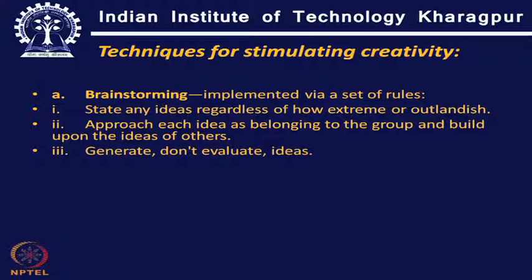Then each of the ideas belonging to the group is visited, and solutions are built up on that idea. People tend to interact with others and try to find new ideas. One idea leads to the formation of another idea, and in that way the whole discussion goes on, and this process is called brainstorming.